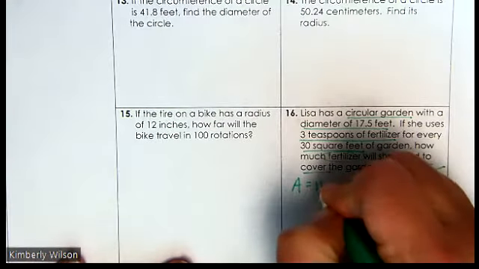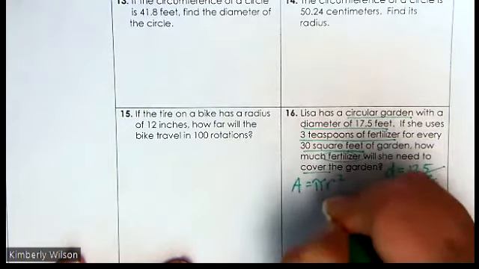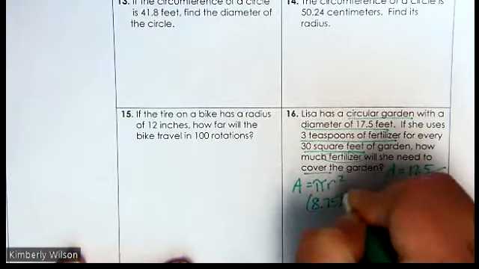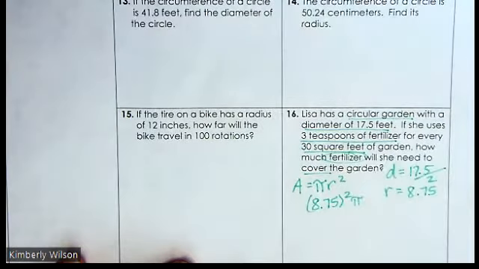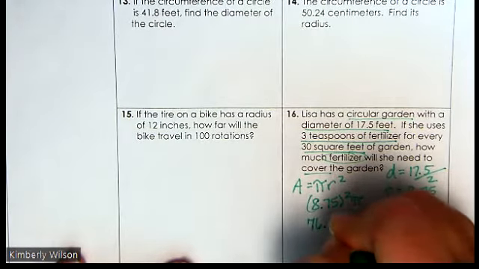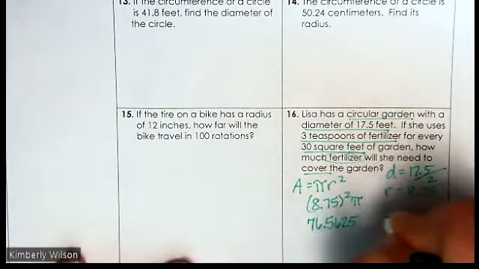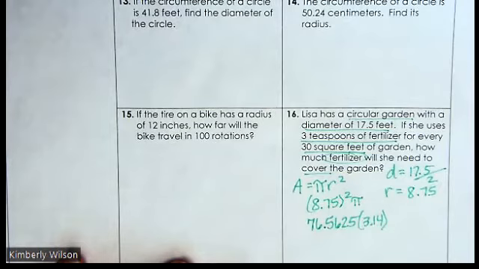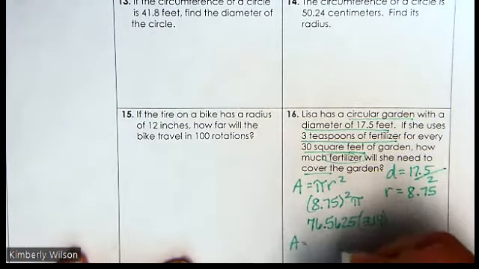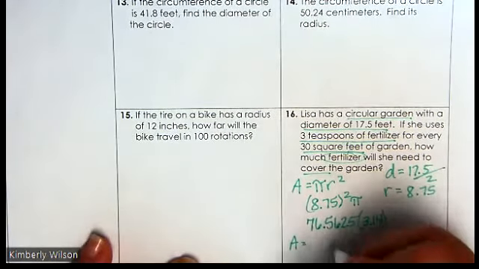Then we have pi times the radius squared, so that's 8.75 squared times pi. This is 76.5625 times 3.14.